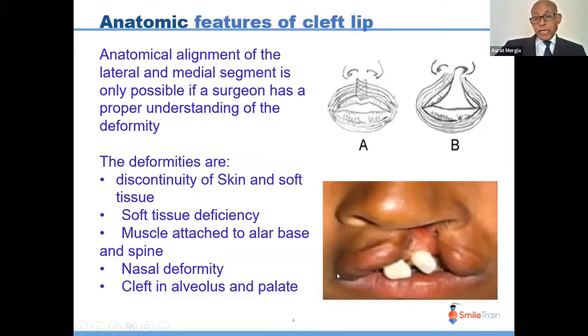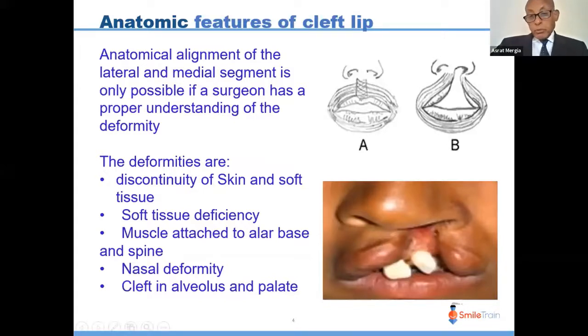I would really like to focus on the vermilion part. It doesn't matter whichever way of surgical repair you use, whether Millard or any triangular flap or any variant. That is not my point of discussion. My point of discussion will be just the vermilion, to give you in advance.